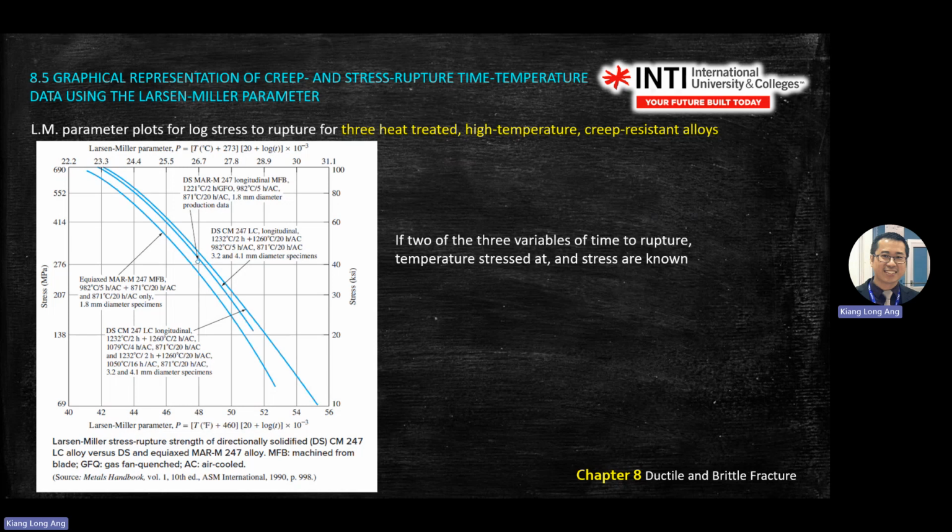Same here, but don't use the wrong one. The top one is in Celsius, the one below is in Fahrenheit. So don't use the wrong one. Usually you just need to find the Celsius one. Okay, so there are two formulas here. Choose the one that gives you Celsius. Then the y-axis is stress.